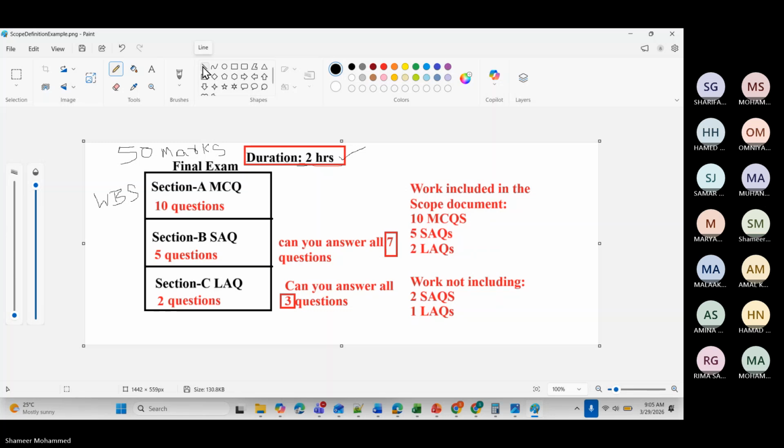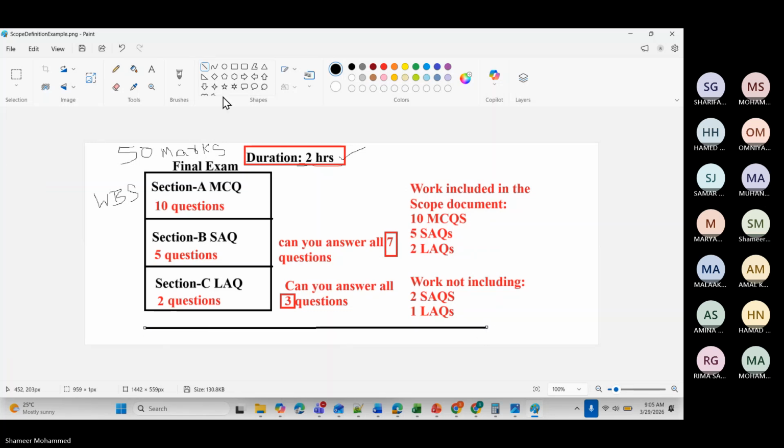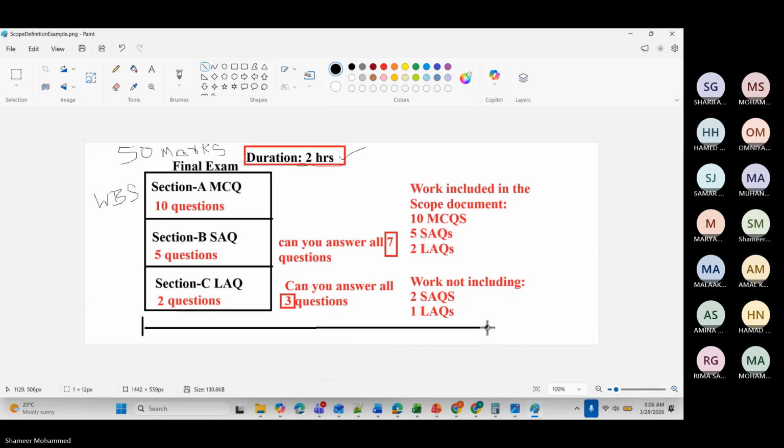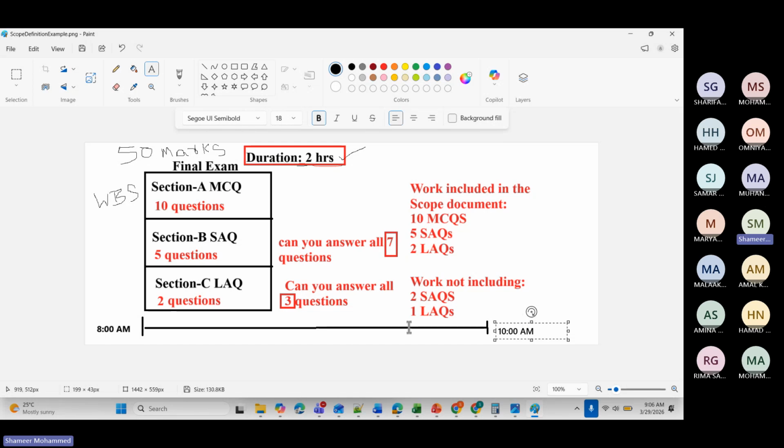So imagine you are starting your exam at 8 a.m. and here you are finishing at 10 a.m. Now you have short answers, like 10 questions.